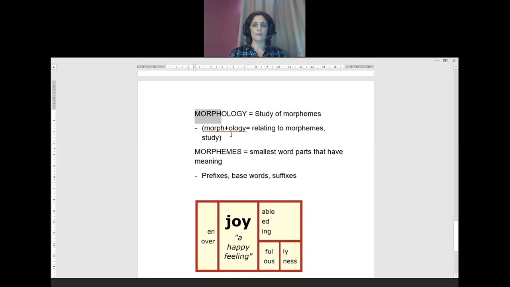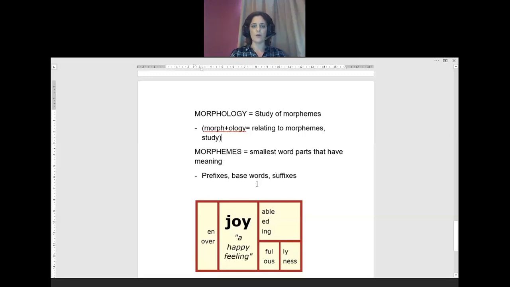So that means morphology is the study of the smallest word parts that have meaning. That's interesting. So we have lots of different longer words that have different parts to them that if you look at them, it can tell you what they mean or what type of words they are in grammar.